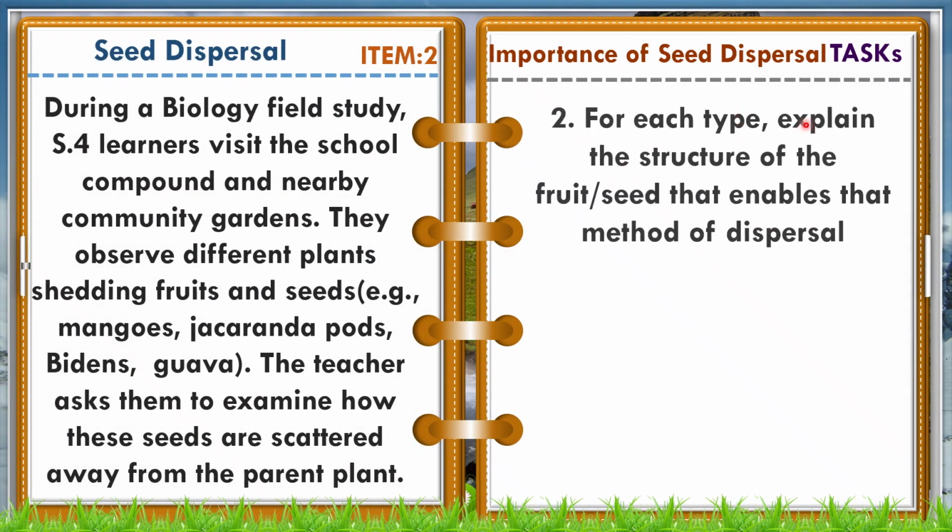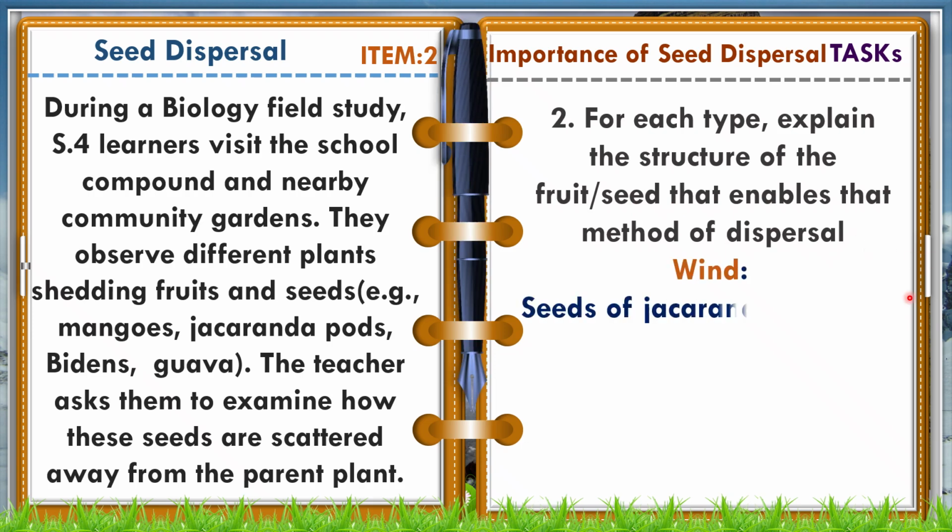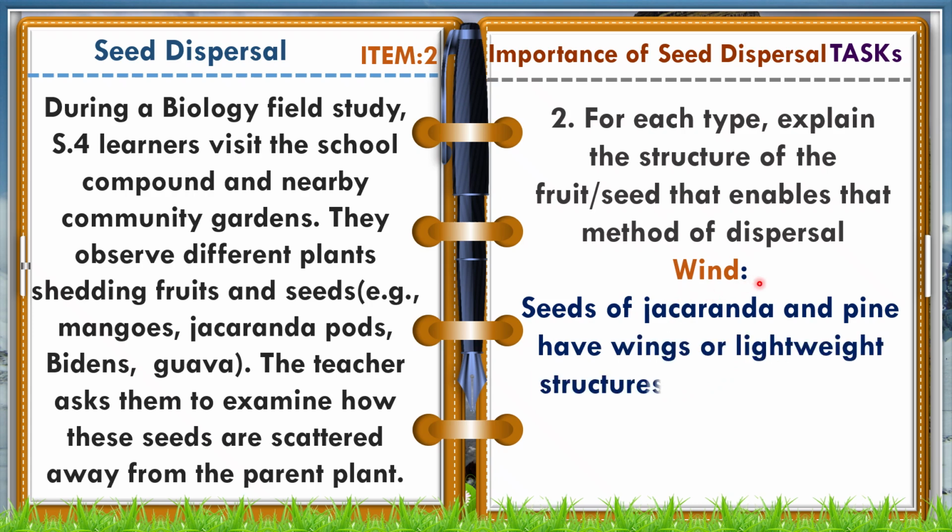For each type, explain the structure of the fruit or seed that enables that method of dispersal. Let's start with wind.